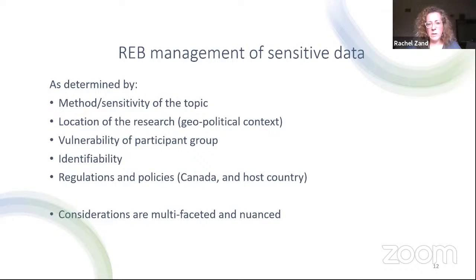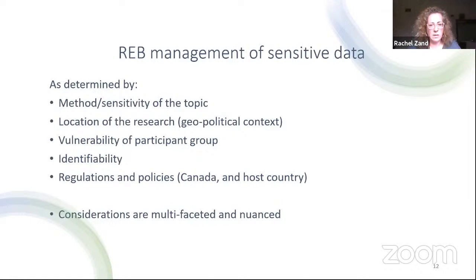The vulnerability of the participant group. And the way that is described in the Tri-Council policy statement, and it has evolved over time, we look at vulnerability as not always being present. It's not that one population is vulnerable, full stop. It's in the context of research or in the context of other kinds of circumstances. So for example, pandemic circumstances, are certain groups or communities more at risk or have a greater vulnerability.